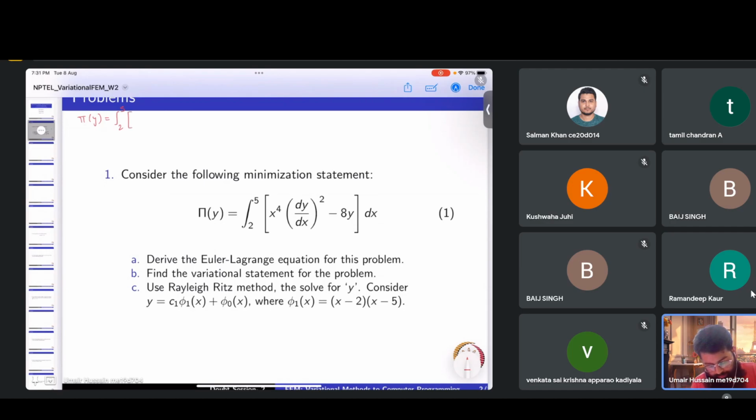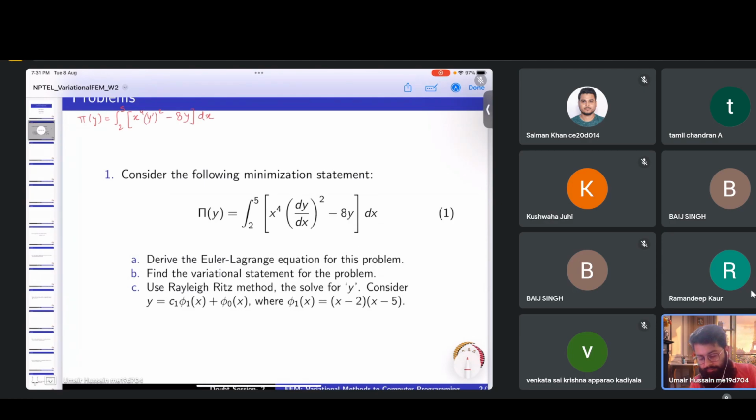First thing is we have to find the Euler-Lagrange equation for this problem. This is y prime square minus 8y.